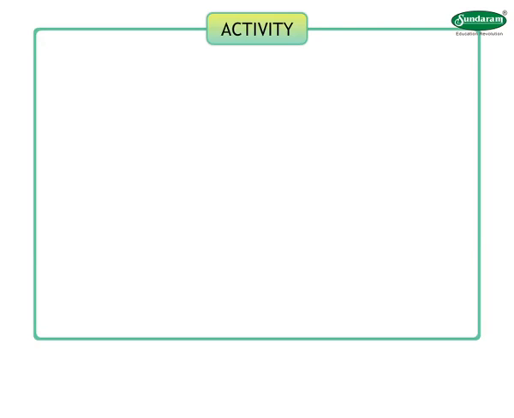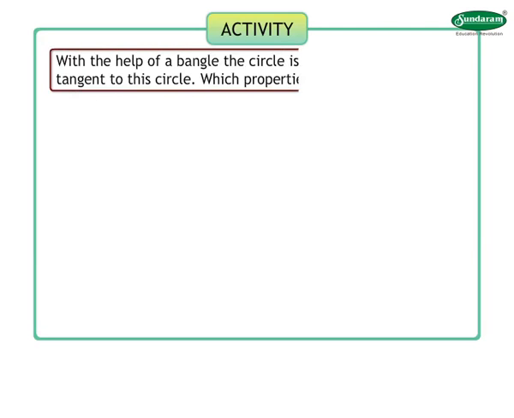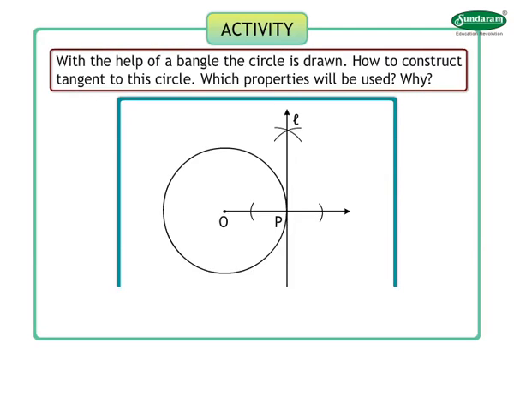Let's solve an activity. With the help of a bangle, the circle is drawn. How to construct tangent to this circle? Which properties will be used? Why? Answer. Look at the figure. We have a circle here with center O drawn with the help of bangle.